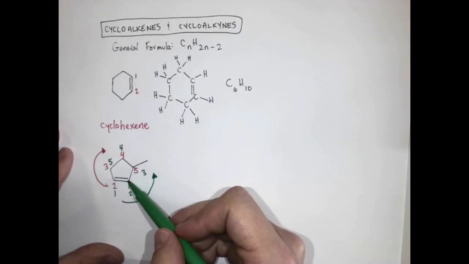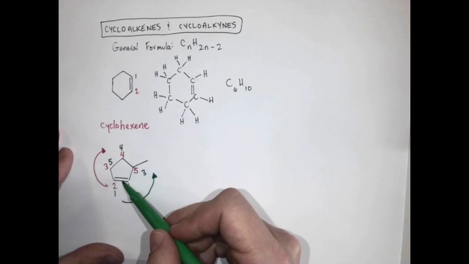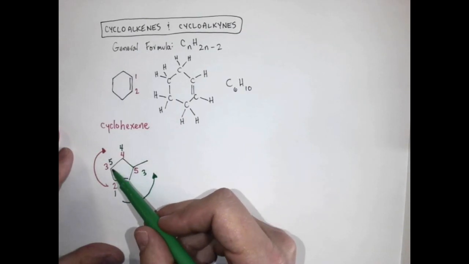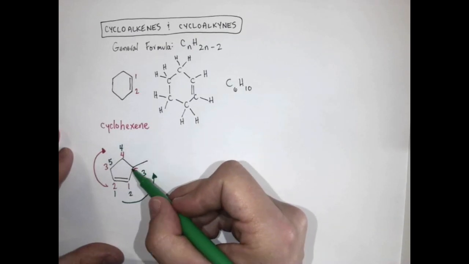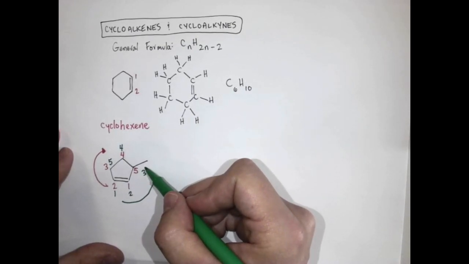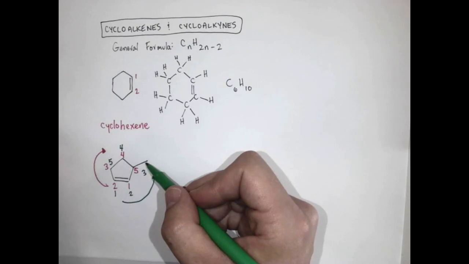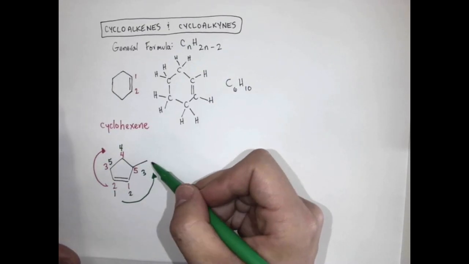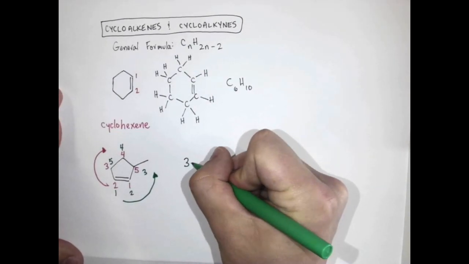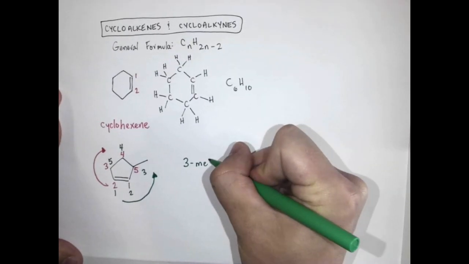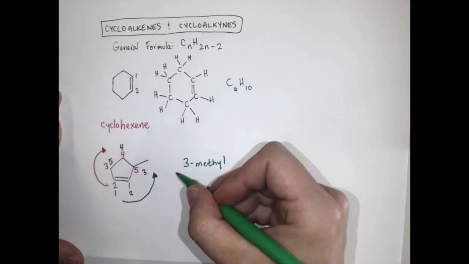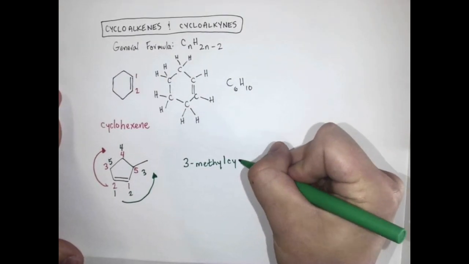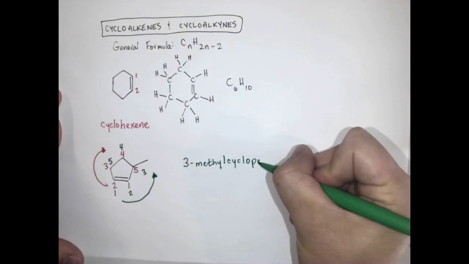The double bond always occurs at carbons 1 and 2, so it would be pentene. And since it's a ring, it's cyclopentene. And then we have a branch coming off the 3rd carbon. So the prefix would be 3-methyl, because it's a methyl branch coming off of carbon 3. 3-methylcyclopentene.